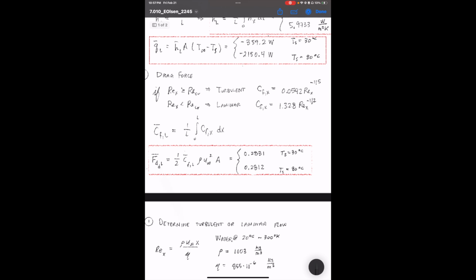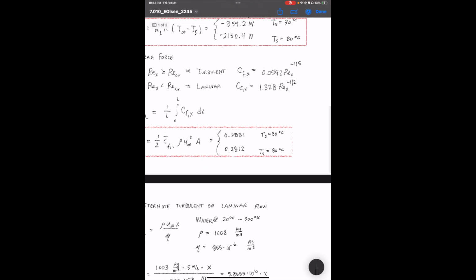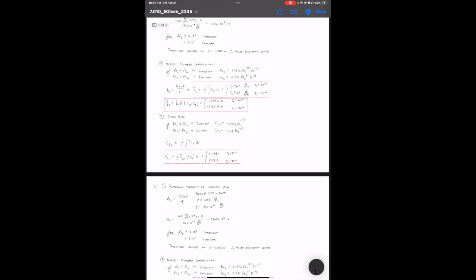And then now that we have the friction coefficient in our code, we can evaluate the average drag force over the entire plate, which is just 1/2 times our average friction coefficient times rho times our free stream velocity squared times our surface area. And that evaluates out to be around 0.2831, with the units being newtons, at 30 degrees Celsius and 0.2812 at 80 degrees Celsius.